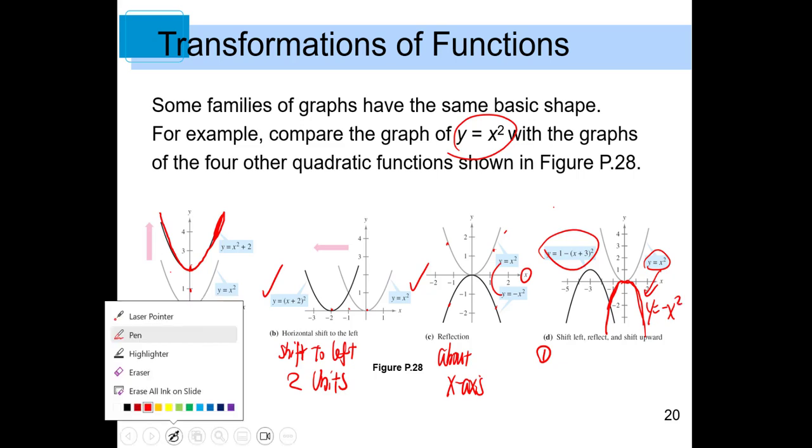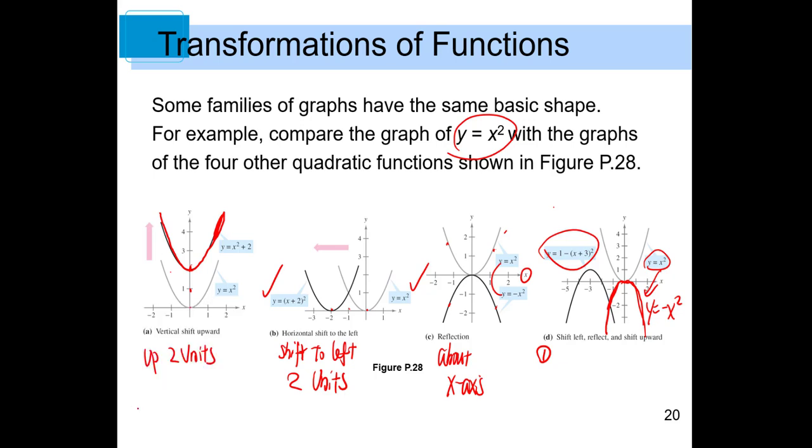Now we shift to the left 3 units, right? So it goes here. So now this one becomes y equal to minus x plus 3 squared. After that, we shift up 1 unit, so adding 1 in the back. That's how we get this.